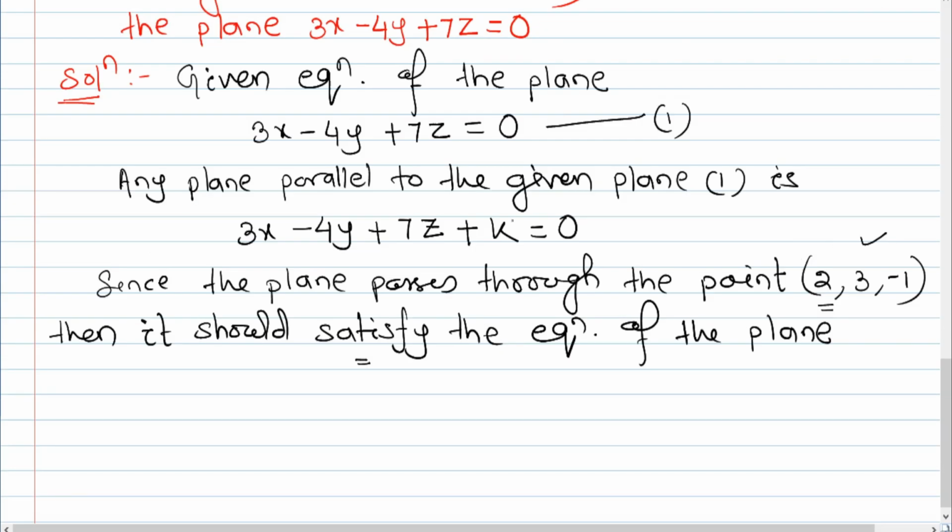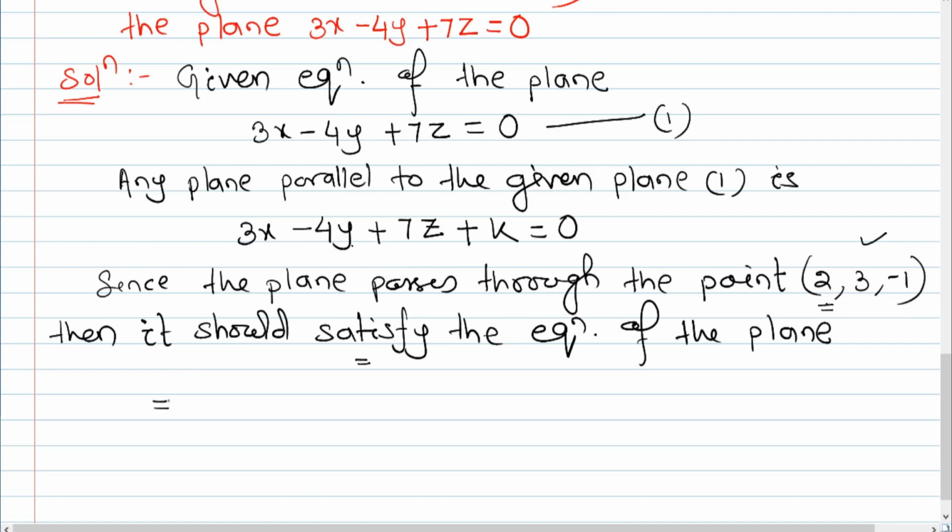This point lies on this plane means what? The unknown variable x should be replaced by the x coordinate, y should be replaced by the y coordinate, and z should be replaced by the z coordinate of the point. Then only the point satisfies the equation of the plane. That means the point lies on the plane.